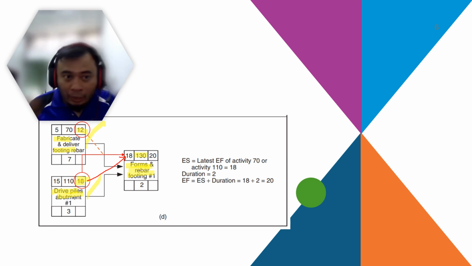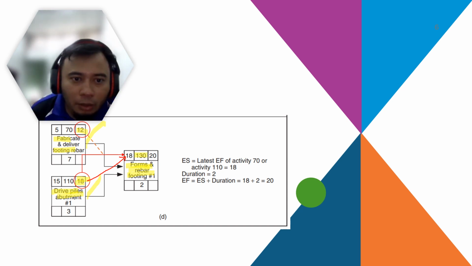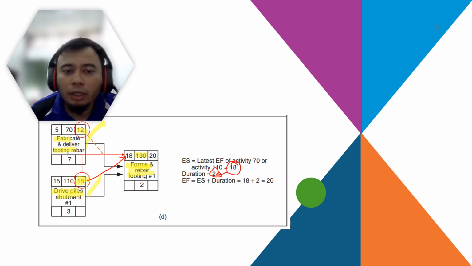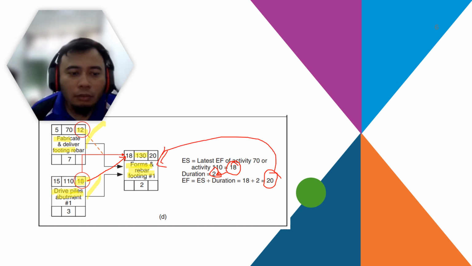As written here, ES of 130 is equal to the latest EF of activity 70 or activity 110, so it will be day 18. Day 18 plus 2, the duration of fabricating form and rebar, so your earliest finish for activity 130 is day 20. Simple as that.